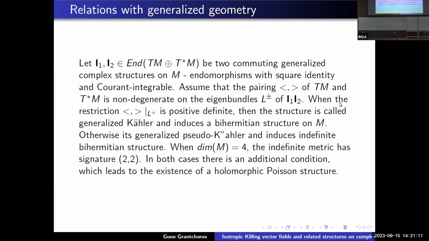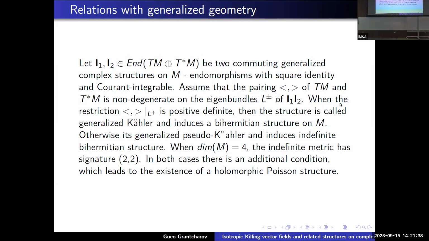We can start with these endomorphisms of what is sometimes called the generalized tangent bundle, tangent plus cotangent, which have square negative identity, have some kind of integrability, and some compatibility with the pairing, because this space has a natural pairing which is exactly split signature.